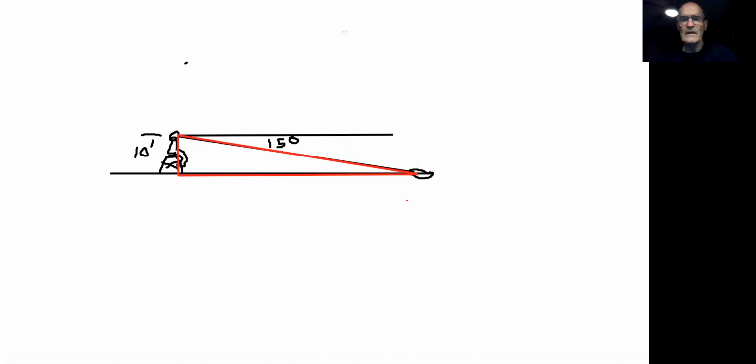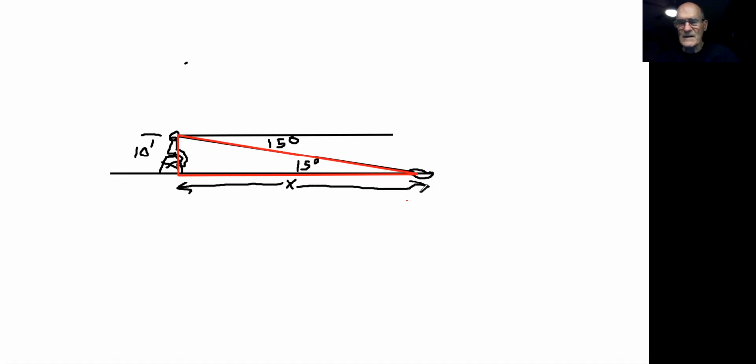If you remember parallel lines, if this angle up here is 15 degrees, then this angle in here is also 15 degrees. I'm looking for this distance x, which is the distance from the lifeguard to the swimmer.